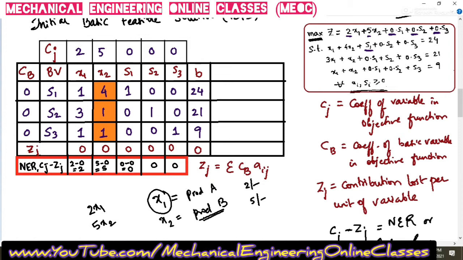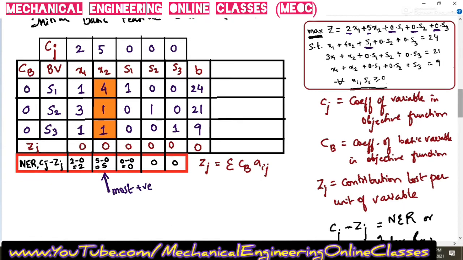Because it is a max type of problem, we have to pick as the entering variable the one having the most positive value. In case of a minimization problem, we must pick the most negative. So when the NER shows the most negative, that variable must be the entering variable for a min type of problem. Here we need maximum profit, so we need the most positive value only. So the x2 column is called the pivot column or key column.